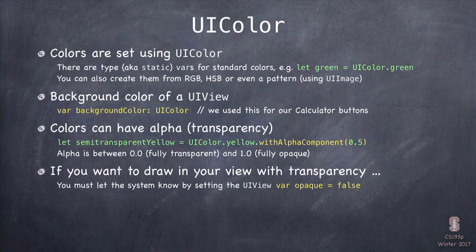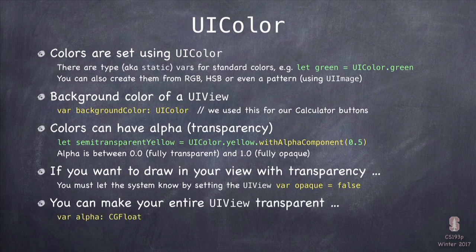Because views assume that they're fully opaque. That's a performance enhancement. Turns out drawing with transparency, as you might imagine, takes a little bit of CPU power to figure out which pixels show through and all that. So by default, it assumes you're drawing fully opaque. So if you want to draw with transparency, don't forget to set opaque here to false.